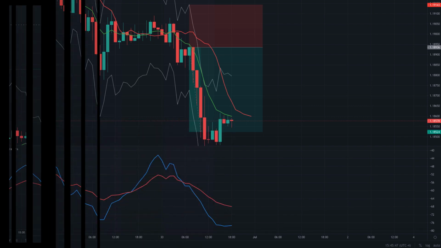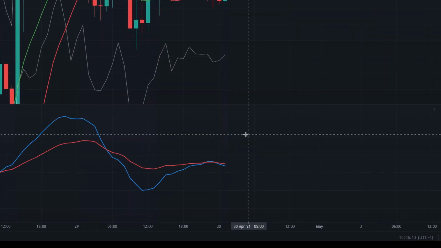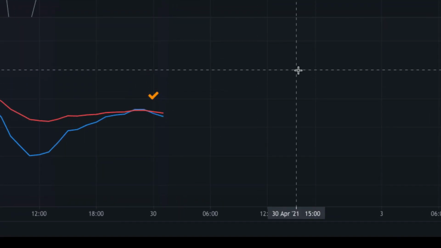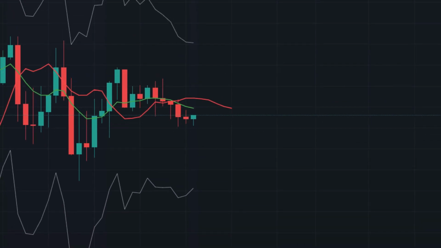Now let's do one more example. And this is our final short example. We have blue below the red on the Williams oscillator. We have green below the red on the moving averages with daylight. And we have a price closing below the green moving average, and everything coalesces on this bullish candle right here.